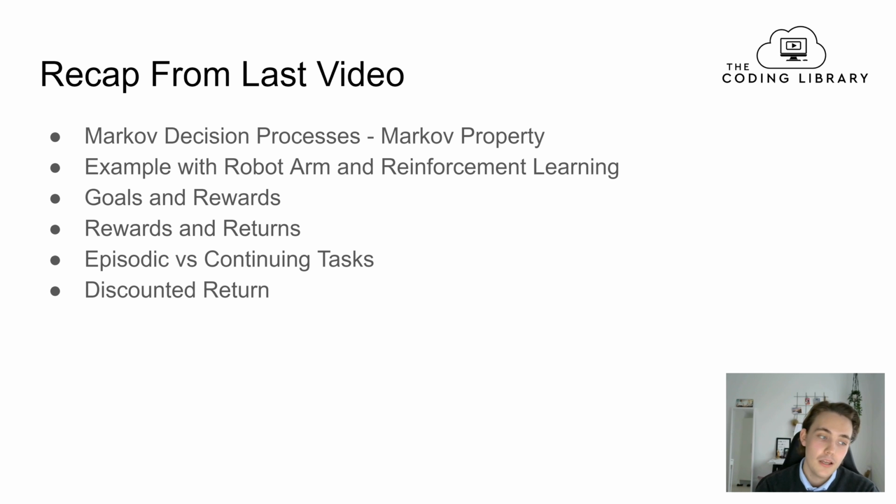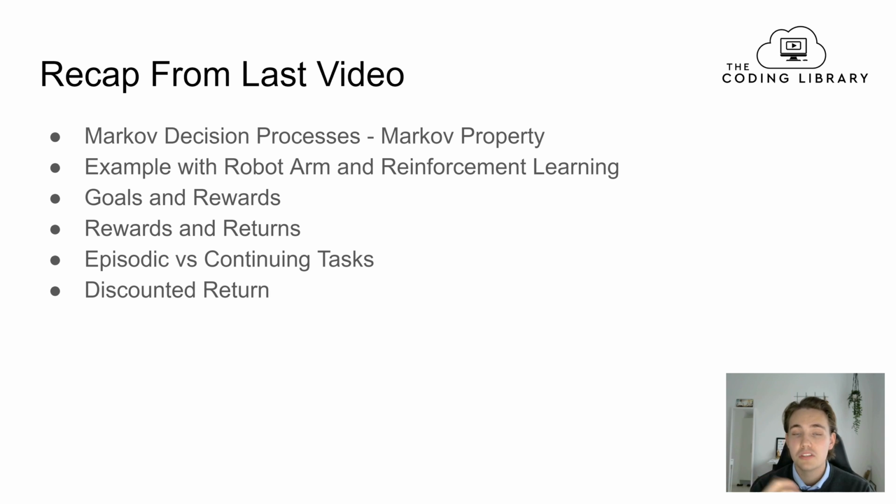That is a Markov decision process. We also had the example with the recycling robot that did some different kinds of things. Then we talked about goals and rewards for an agent, like how we can set up goals, what rewards are, and how we can define rewards for our agent. And then we talked about rewards and returns, and the episodic and continuing tasks together with the discounted return.